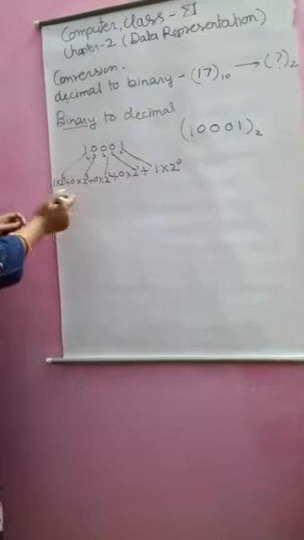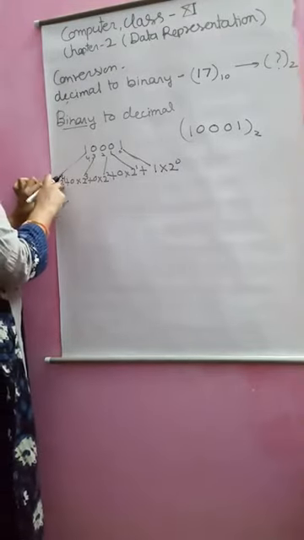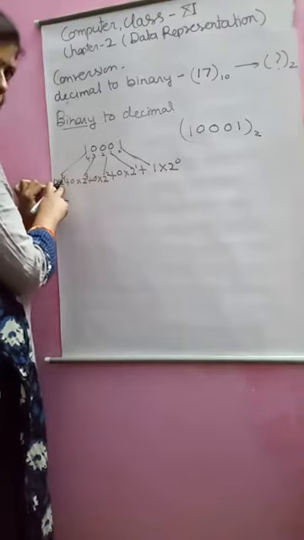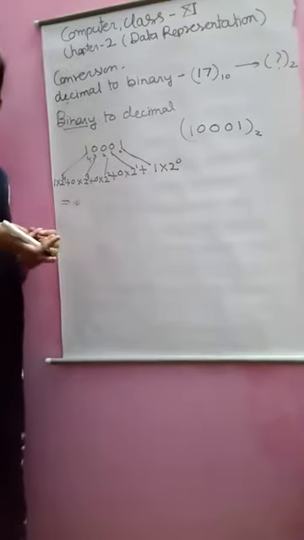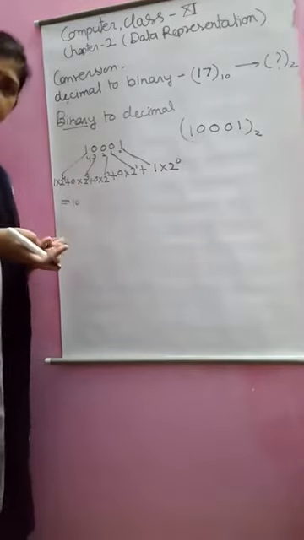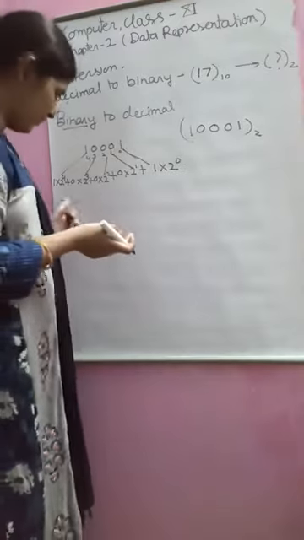Now sum up. Equal to 1 times 2 to the power 4, that is 16. 2 to the power 1 is 2, 2 to the power 2 is 4, 2 to the power 3 is 8, 2 to the power 4 is 16.